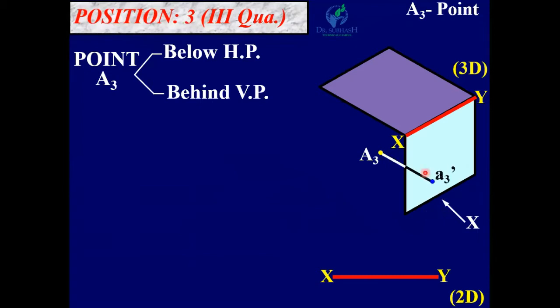You can see this A3 dash is below the XY line, so in 2D you have to draw A3 dash below the XY line. Now looking from this direction, the top view is a3. If you rotate this HP 90 degrees in the clockwise direction, its top view is above the XY line.